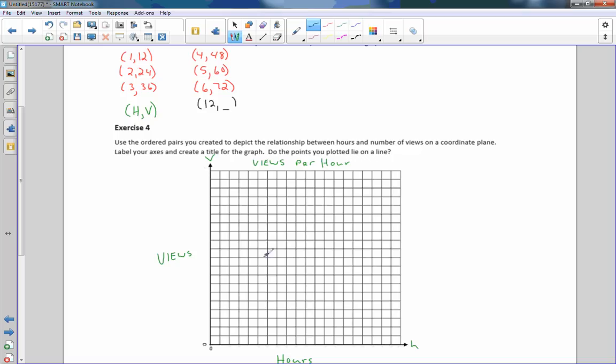Okay, and that's what that last question's asking. So I better make sure I can fit 12 in here so my answer's in my graph. So if I do 1, 2, 3, 4, 5, 6, 7, 8, 9, 10, 11, 12, 13, 14, 15, 16, 17, 18, 19, 20, 12 will not fit. So I am going to just go by ones.